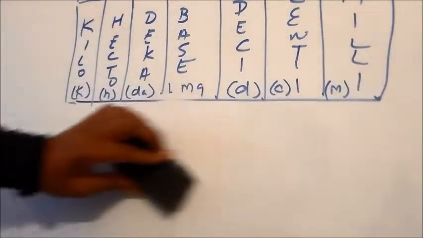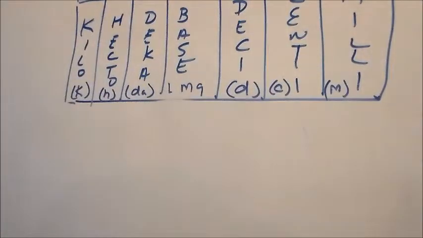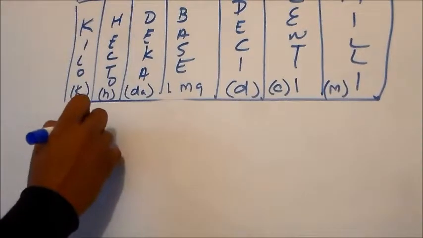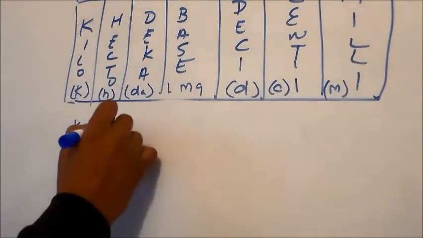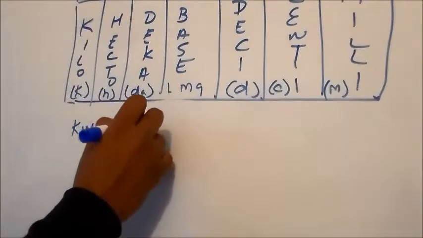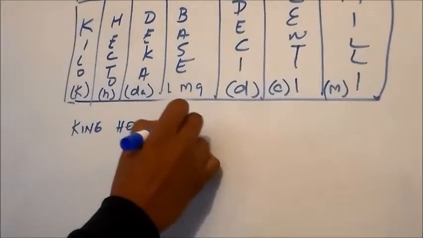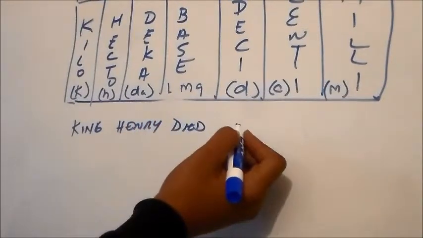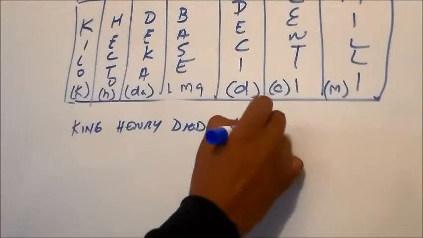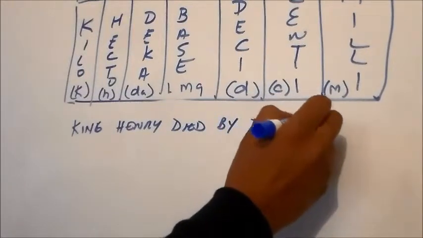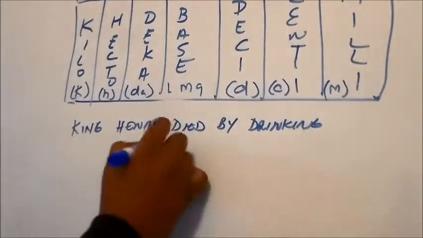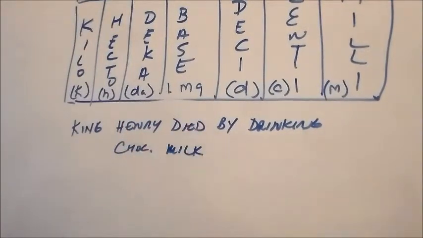Okay, so we got our chart by just the memory aid: king, kilometers, Henry, hecto, died, deca, by, base, drinking, deci, chocolate, centi, milk.